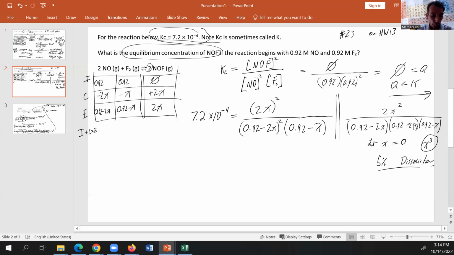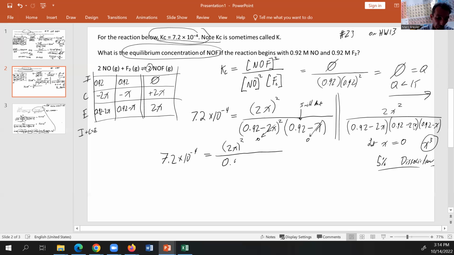So we're going to try to avoid all that. 7.2 times 10 to the minus 4 equals 2x squared. And so let these terms drop to 0, because the change is going to be small compared to the initial amount. So that's how you're able to do that.